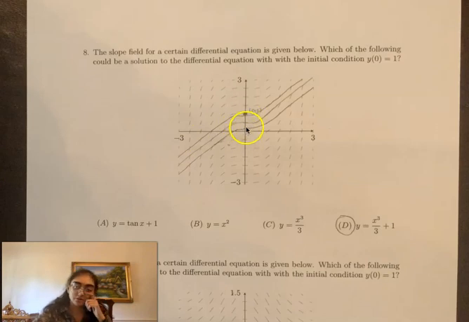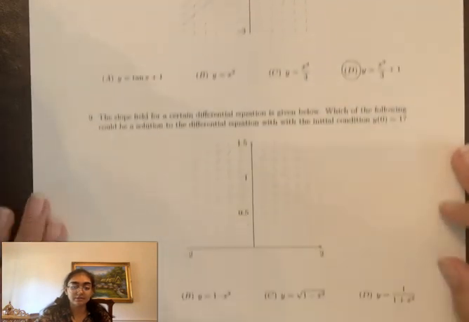So if our initial condition was at 0, 0, then we could choose C. But since it's at 0, 1, we know that our answer is going to be D, since that plus 1 at the end makes the initial condition 0, 1. So D is the correct answer in that case.